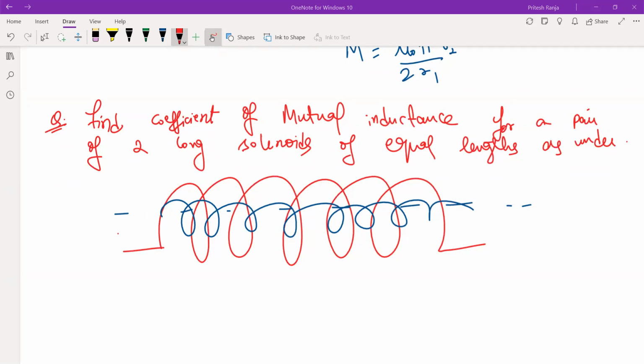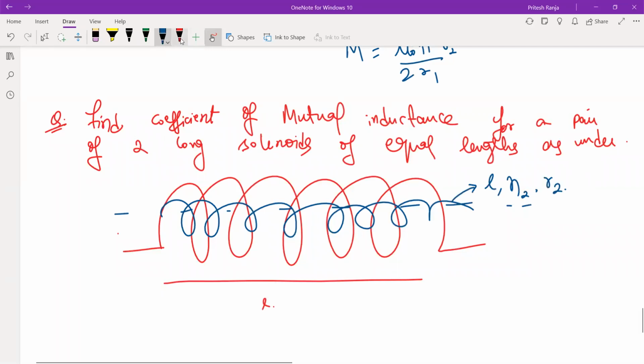It is given that the length is L, and let us consider this solenoid. Its length is L, the number of turns per unit length is N2 and R2 is its radius.